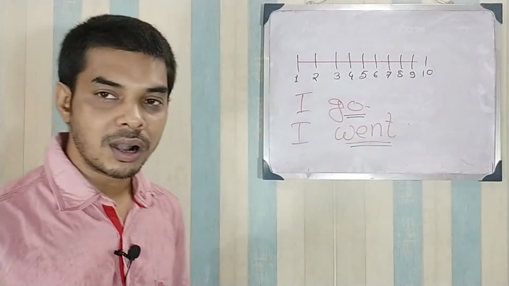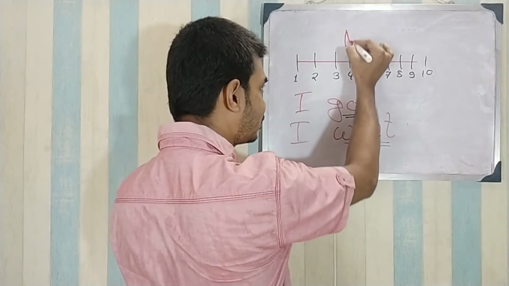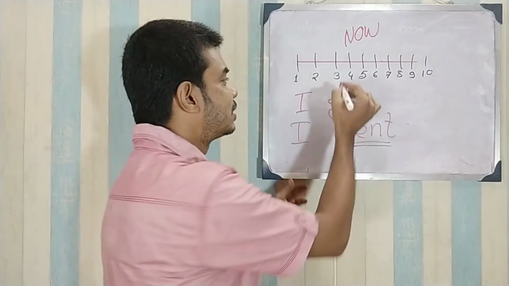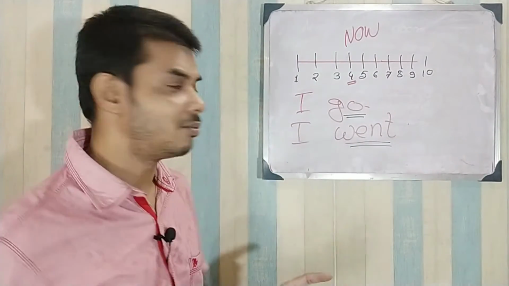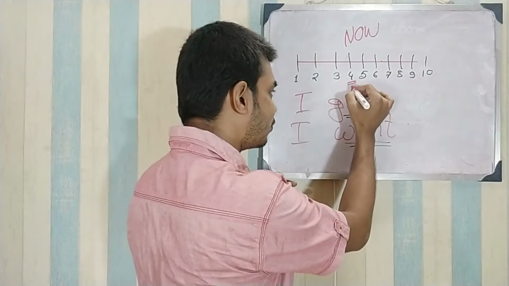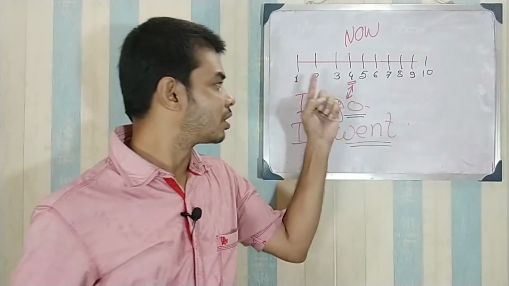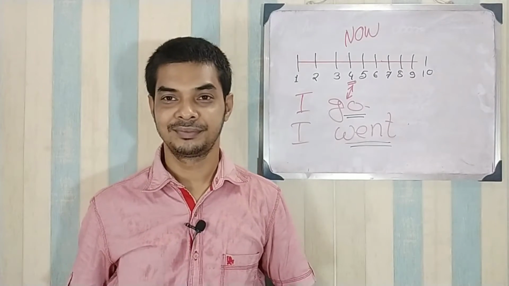Suppose you are producing the sentence here. This is the now, the dot, on 4. Now, if the verb, that means the action, falls on this point, you will say it's present.